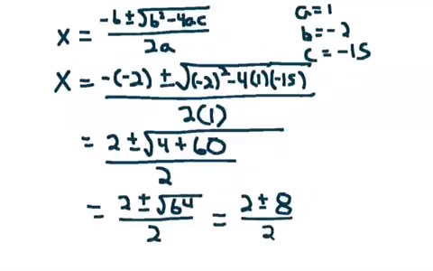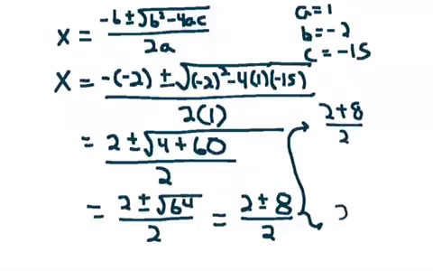So that gives me my 2 solutions, and I break this up into my 2 solutions. It's 2 plus 8 over 2, that's this solution, and then 2 minus 8 over 2, and that's my second solution, because this is plus or minus on the top.